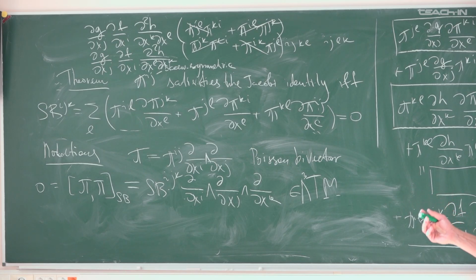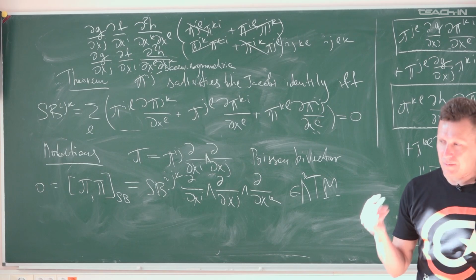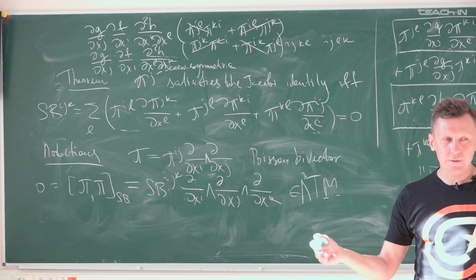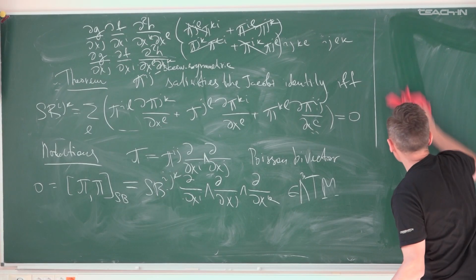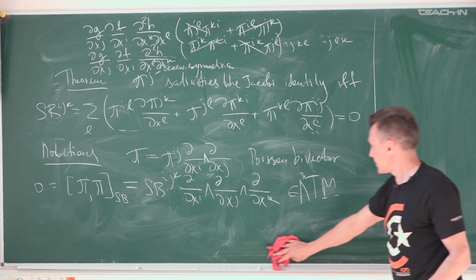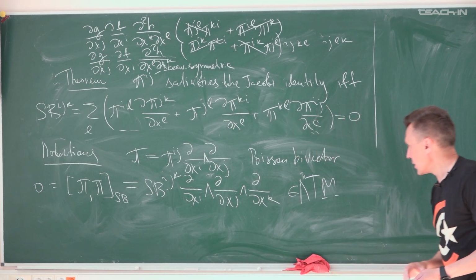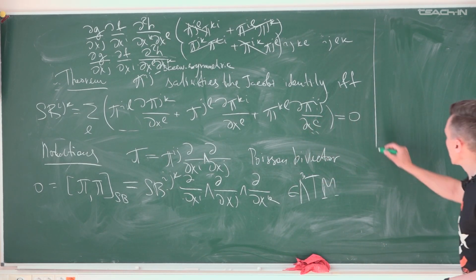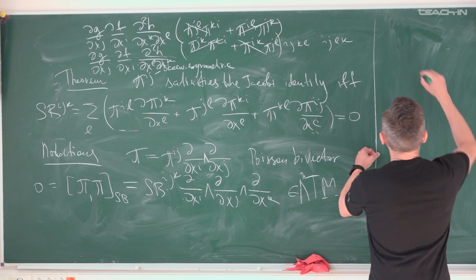It is not zero for each bivector, but the condition to satisfy the Jacobi identity is equivalent to some well-defined commutator of bivectors with bivectors. Very important example of the Poisson structure, which will play a crucial role in our course.